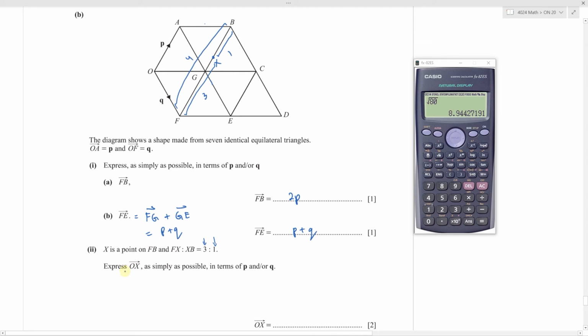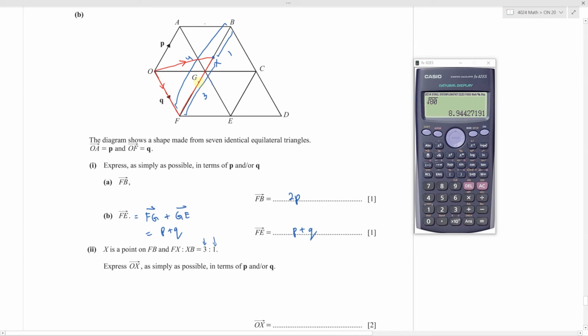The question asks: express OX as simply as possible in terms of P and Q. So this will be your vector OX. Again, we can use the head to tail rule. We can go in this direction OF, which is given as Q, and then add FX.